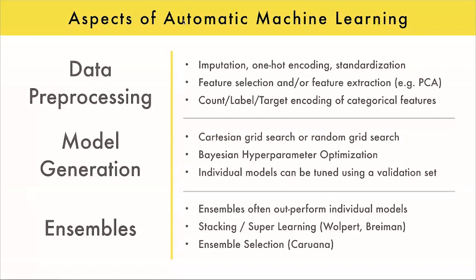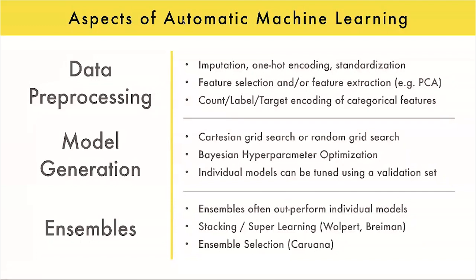And when I say this, I mean different types of encoding of categorical features, especially if you have a column that has a lot of categories, like let's say zip code. I don't know how many zip codes there are, maybe 50,000. You want to do something with that data, because in the raw format, it's going to totally confuse or overwhelm a machine learning algorithm with 50,000 categories. So those are some aspects of data preprocessing.